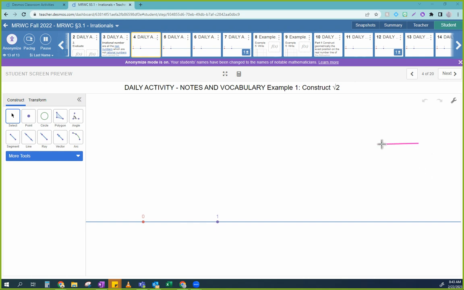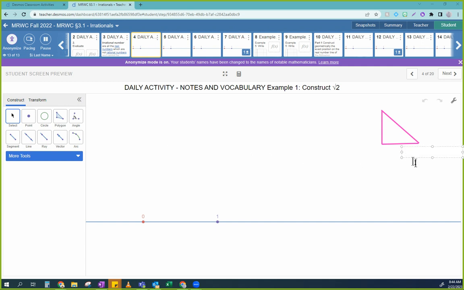And then I'm going to make this guy perpendicular to this guy. Hence, that should tell you what tool I'm going to use and pull from here. And then because this length and this length are supposed to be the same, they look pretty good. And then I'm going to connect these two and these. So this is going to be my 1, 1, square root of 2 triangle.